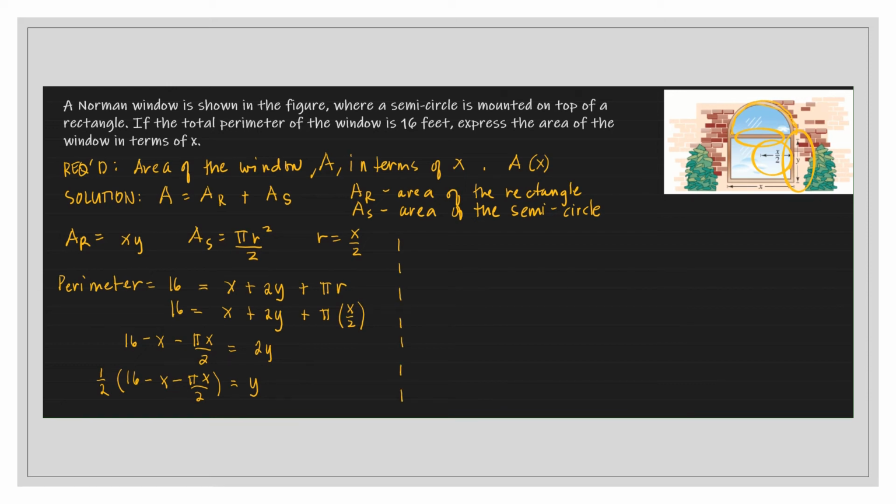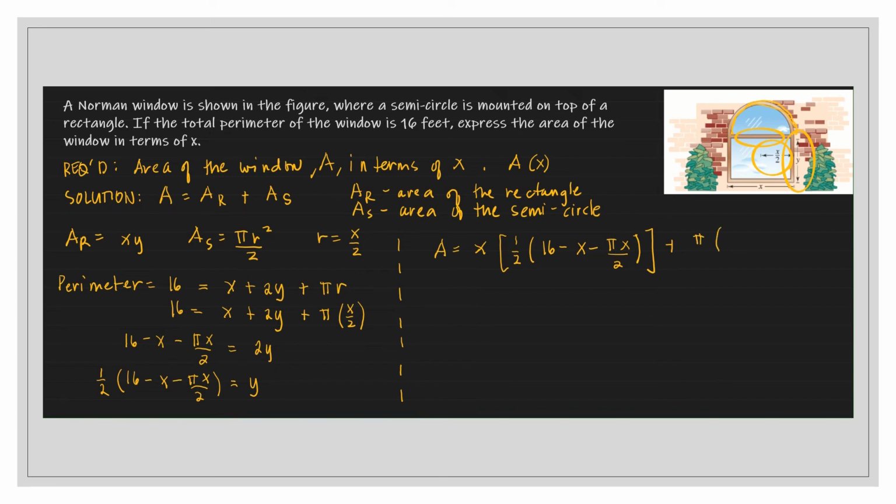We now get the area of the window as AR. So AR is x times y, but instead of writing y, we have 1/2 times 16 minus x minus pi x over 2, plus pi r squared over 2.